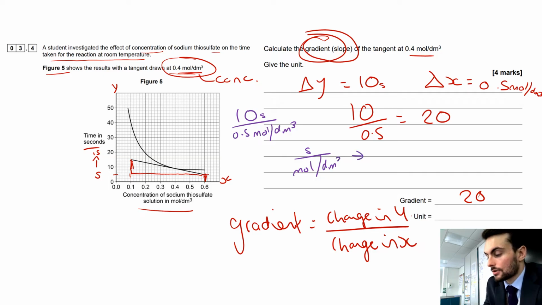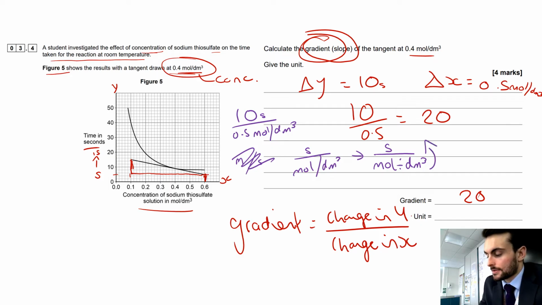Yeah. You could also rewrite that as, because when you've got meters per second, you did distance divided by time. It's a divide, isn't it? So we could also write it as seconds divided by moles divided by decimeter cubed. Okay. What happens when you divide a divide?